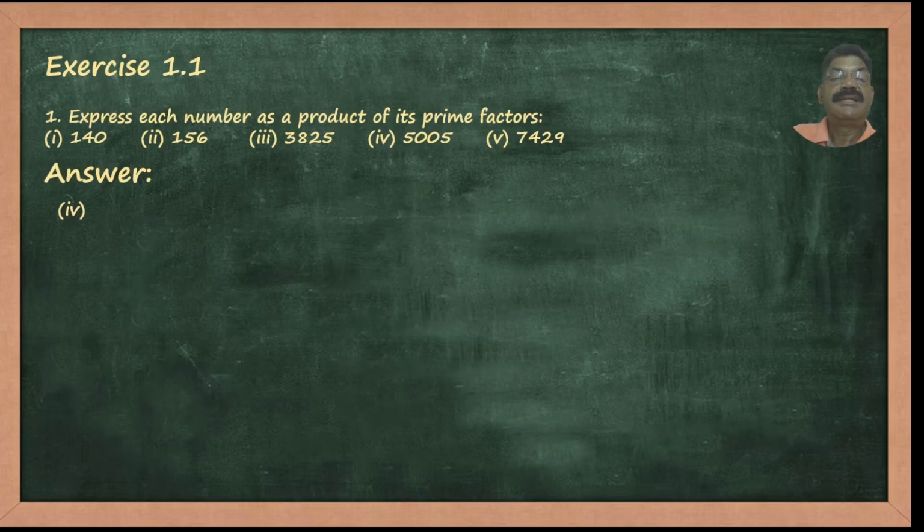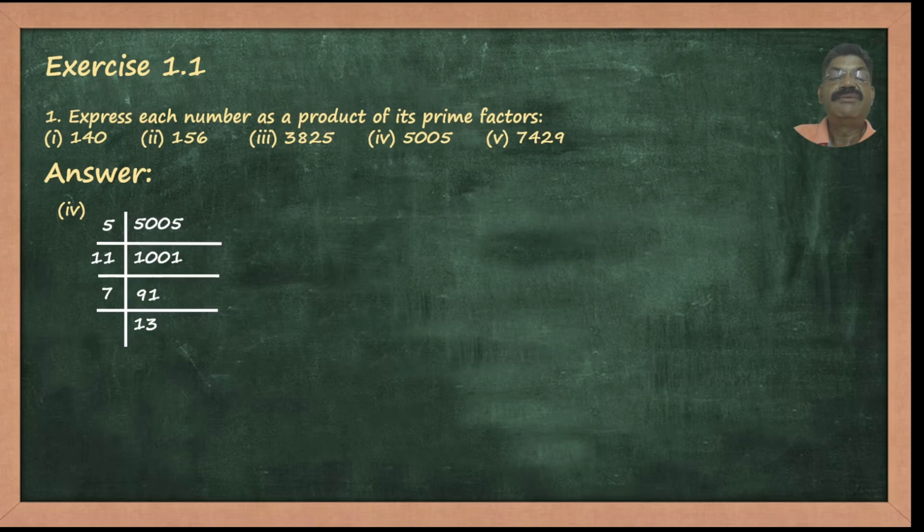Now let us consider the fourth problem. 5005. Obviously, it is divisible by 5. Therefore, I divided by 5. The quotient is 1001. Remember, 1001 is a symmetric number. When you read it from left hand side or right hand side, it is the same. So, sometimes, not always, this number may be divisible by 11.